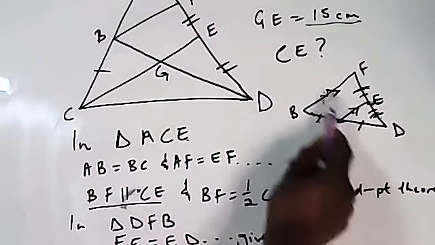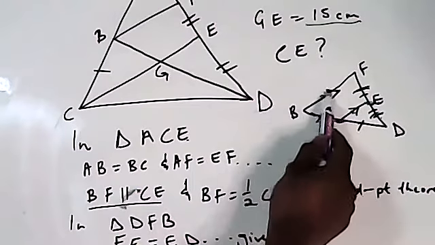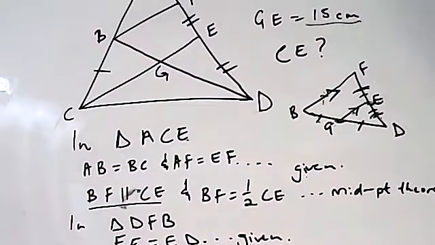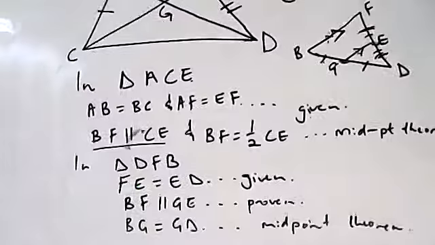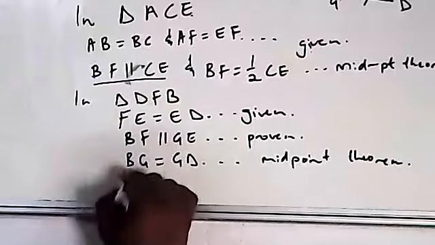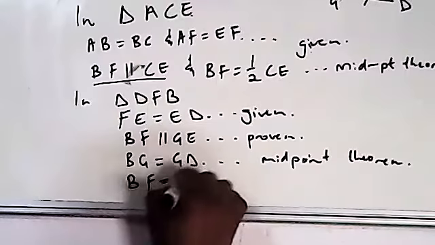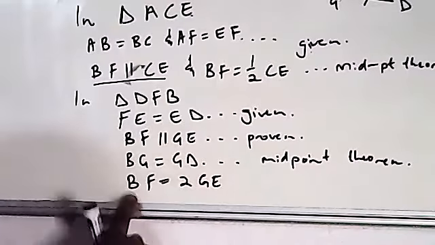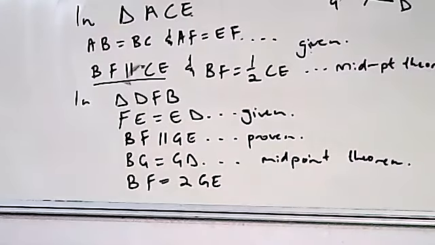So if this is half of this, we are basically saying that BF is 2 times GE. Does it make sense? Okay. So we come here, we write that BF is 2 times GE, because if GE is half of BF, then BF is 2 times GE.